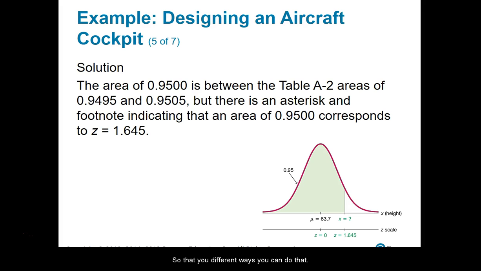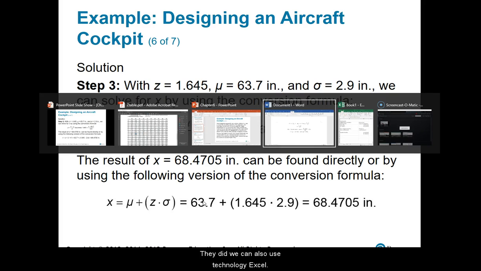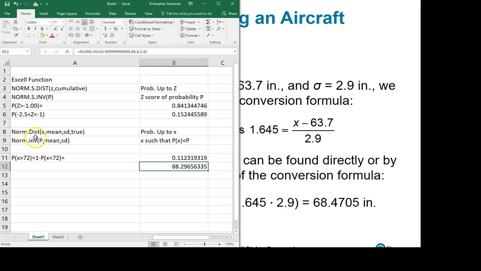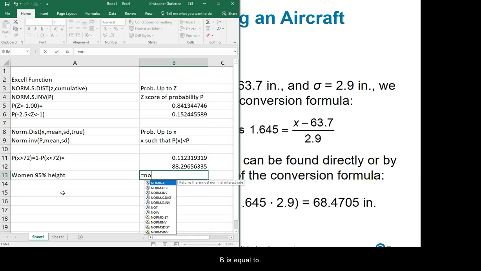Alright, so there are two different ways you can do that, getting the exact same solution. We get 68.47 just using that. Or, like they did, we can also use technology. In Excel, x, mean, standard deviation. We can just use this. So for women, 95% height would be equal to normal inverse.